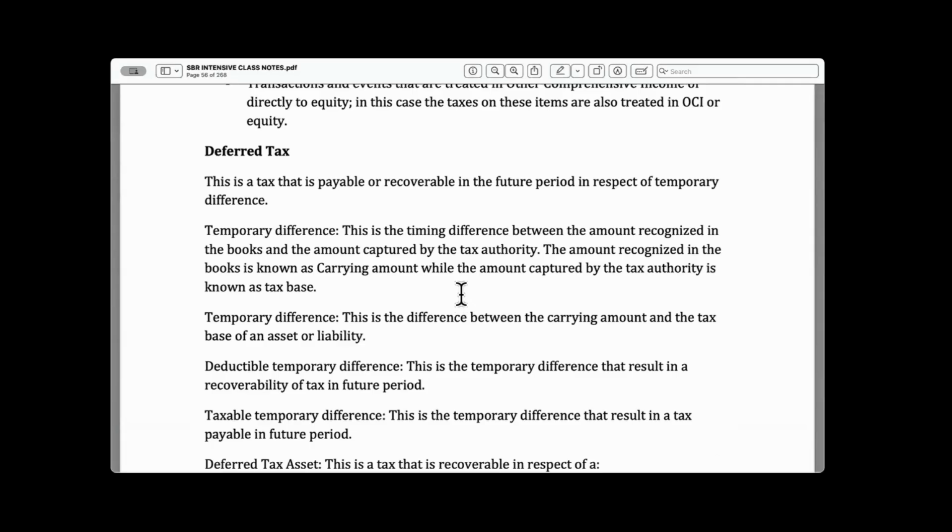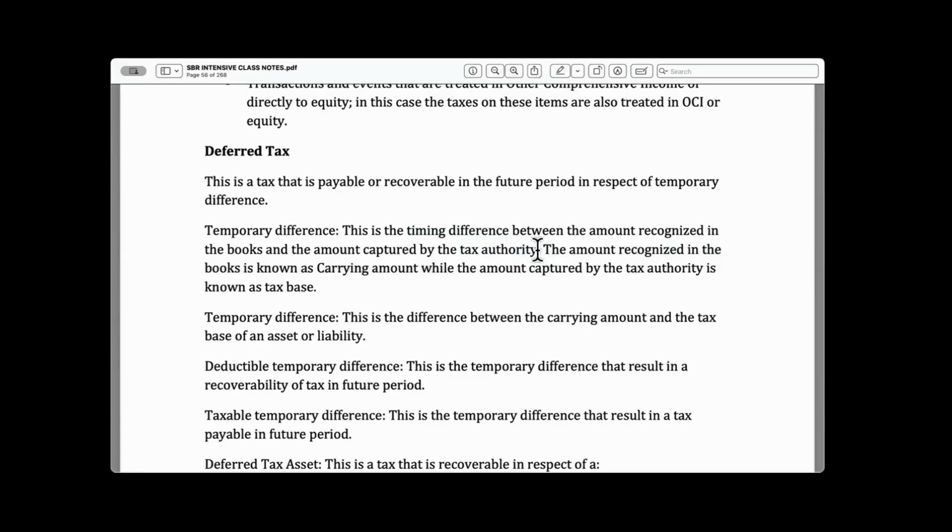So the major issue here is for us to establish what temporary differences are. Temporary differences are majorly timing differences between the amount recognized in the books and the amount captured by the tax authority for an item.